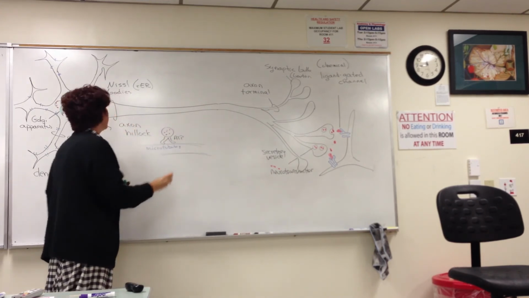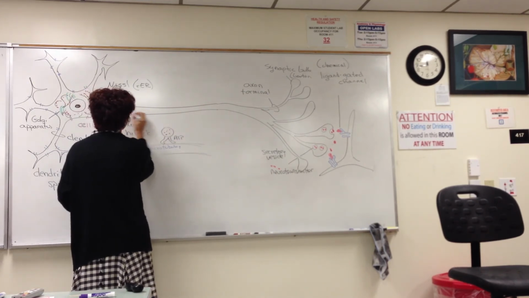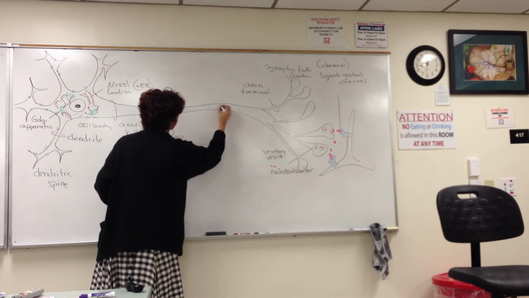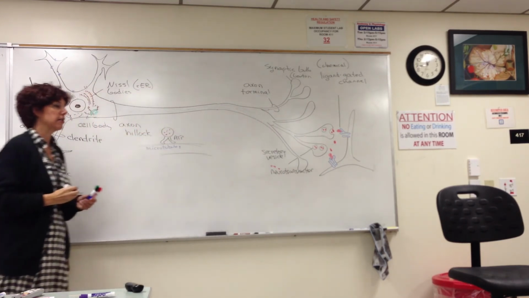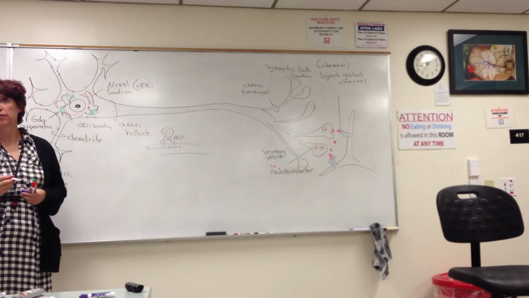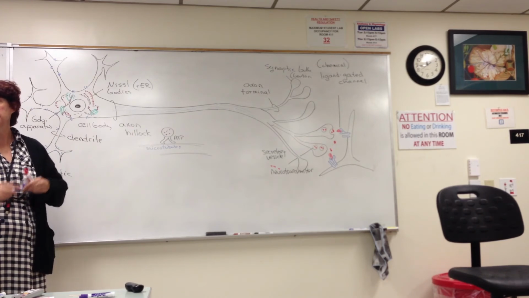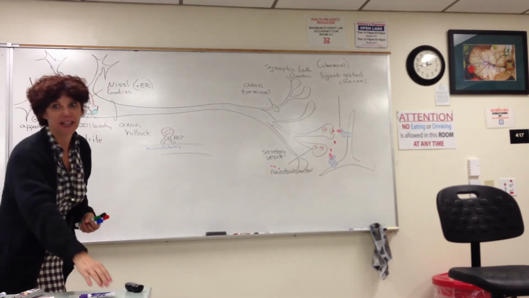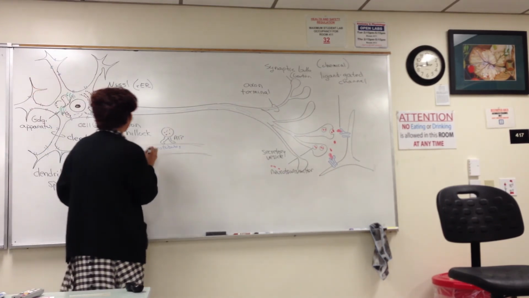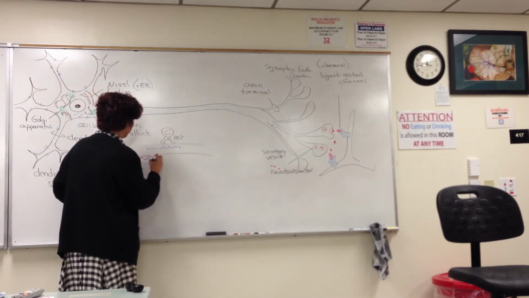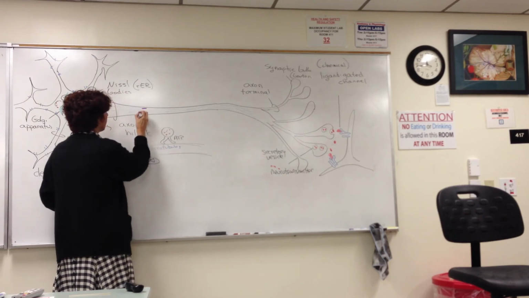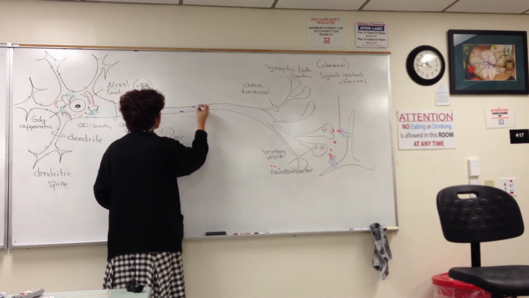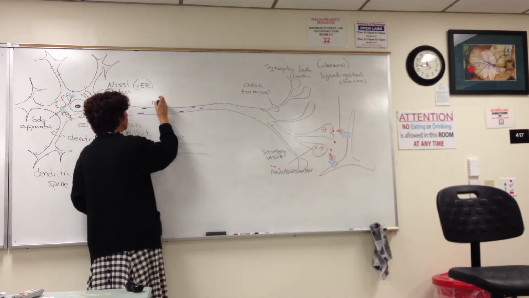So the axon is going to be filled with microtubules, transporting these vesicles along. And this requires energy, so what else are we going to have? Mitochondria. You're using up a lot of ATP.